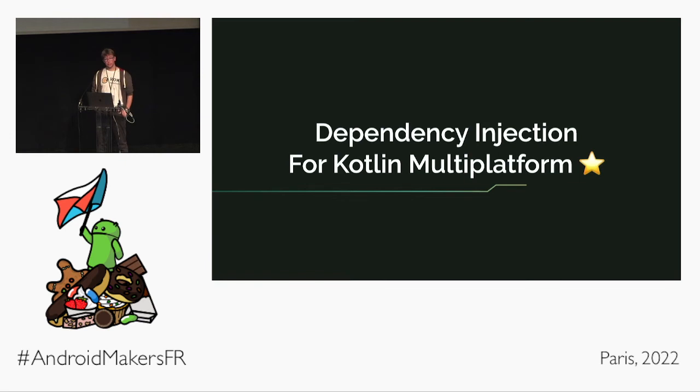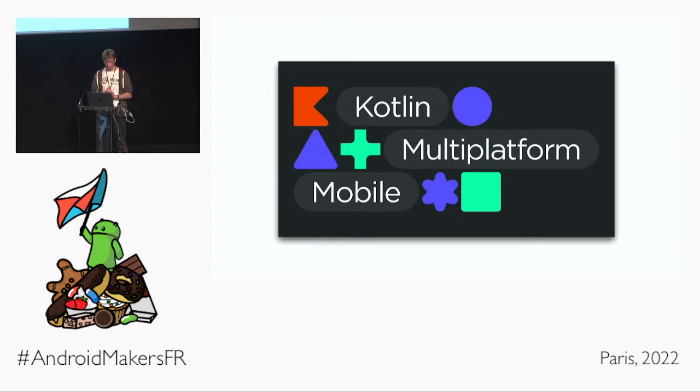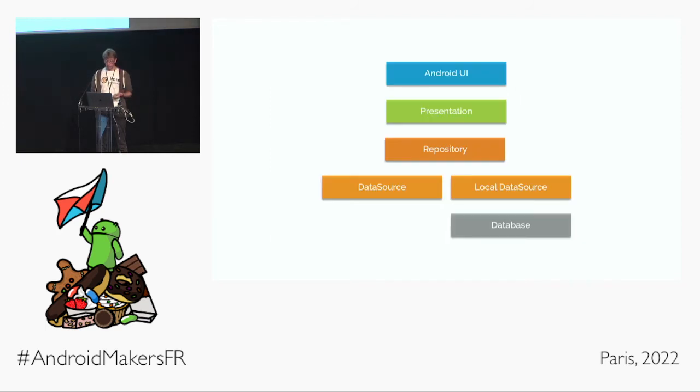The good thing for Koin is that it's one of the dependency injection frameworks for Kotlin multiplatform, also named by JetBrains in the last keynote. Koin offers Kotlin multiplatform for the mobile side, and not only the mobile side. What does it mean?